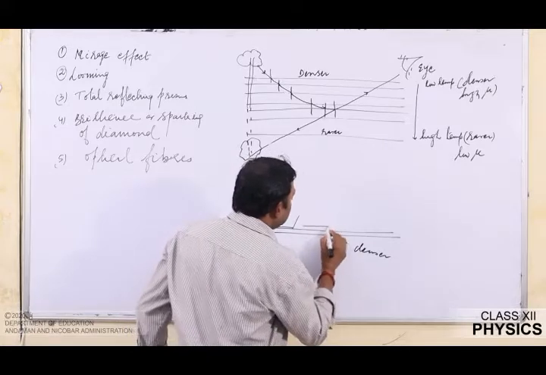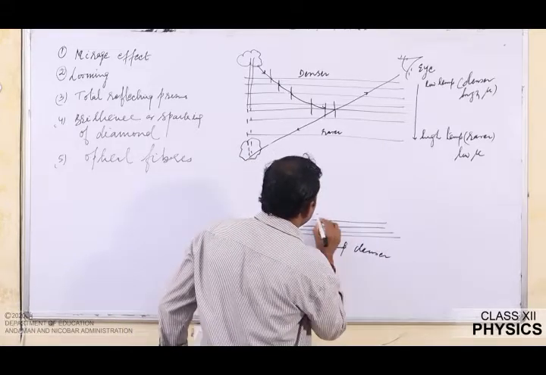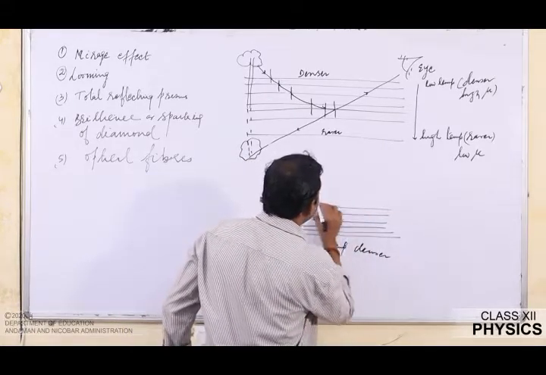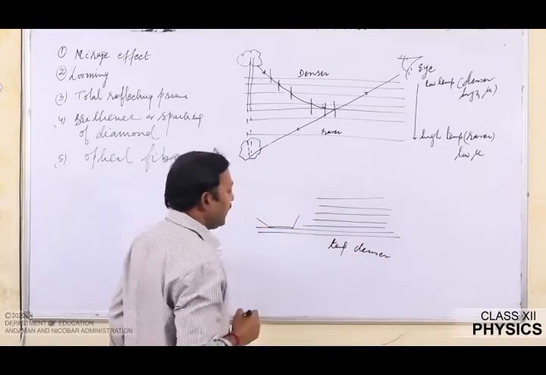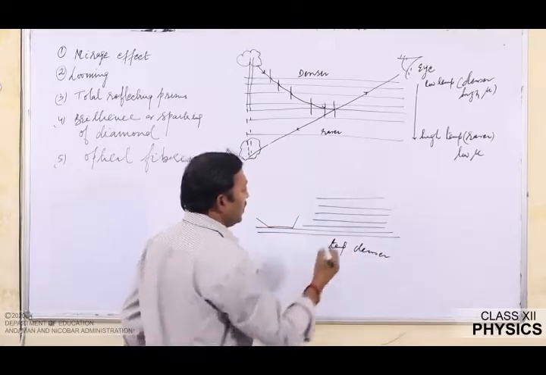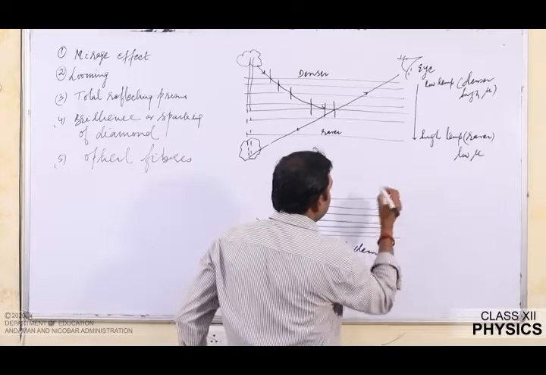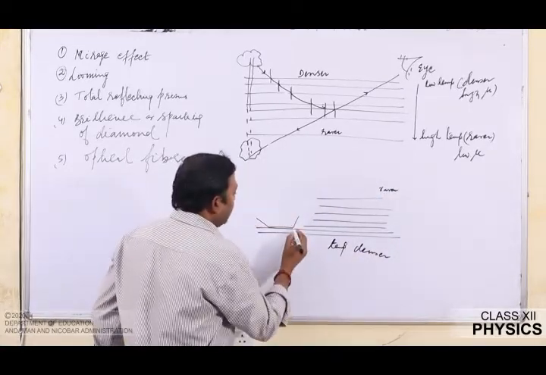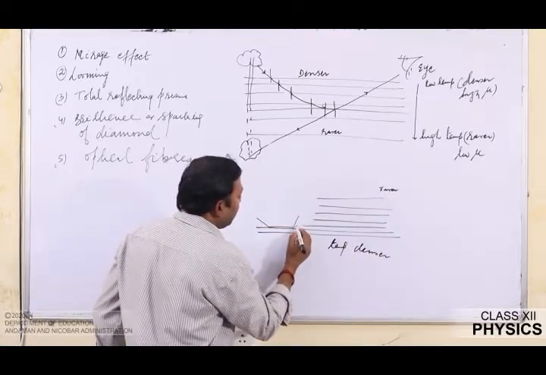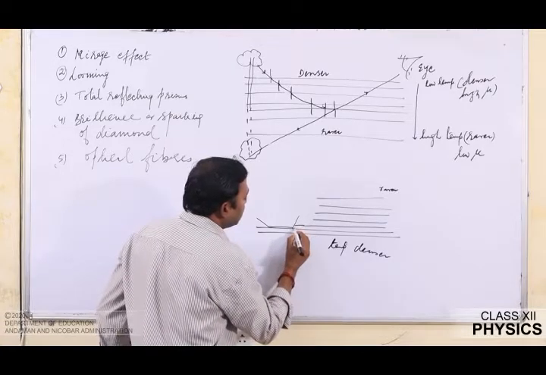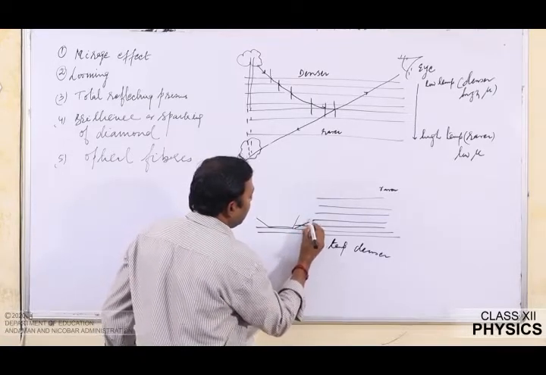As we move to the upper side, the temperature will be higher than in the denser medium. As a result, the medium becomes rarer, and the ray of light moving from the ship undergoes refraction at several layers.